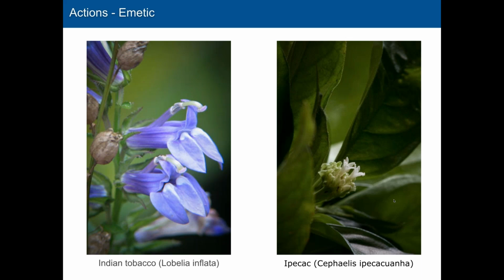Just as an aside, Ipecac in low doses was used like Indian tobacco was for some respiratory issues, but it's not really a reliable one. It tends to cause vomiting a lot easier than the Indian tobacco does, so it's not generally recommended for that. But the Ipecac would be recommended as an emetic for some type of poisoning, okay?